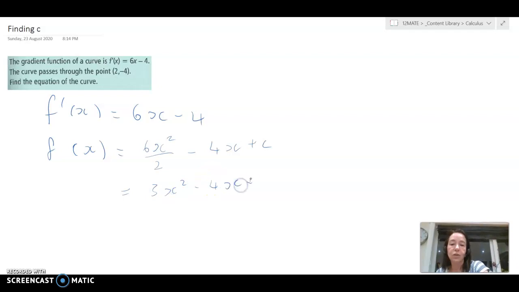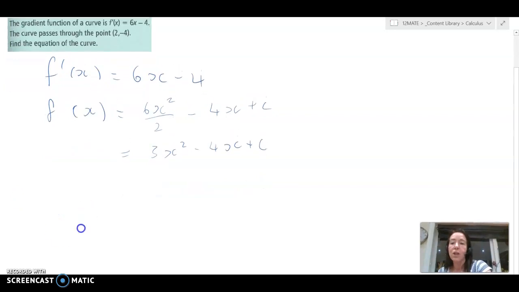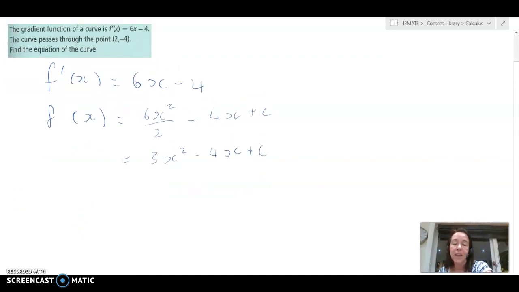Obviously you could have gone straight to this point, but I am just making sure we all know what we're doing. So I have got a function, I have got a c value in it, and I know a point that it was on. So I know that f of 2 is equal to 3 times 2 squared minus 4 times 2 plus c, and I know that when x is 2, that function is equal to negative 4.